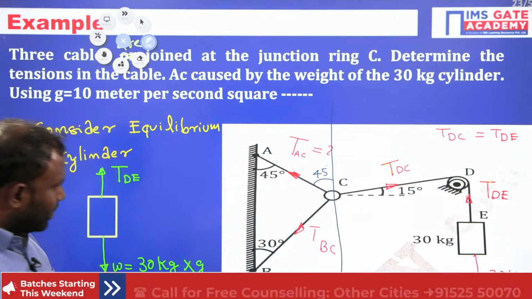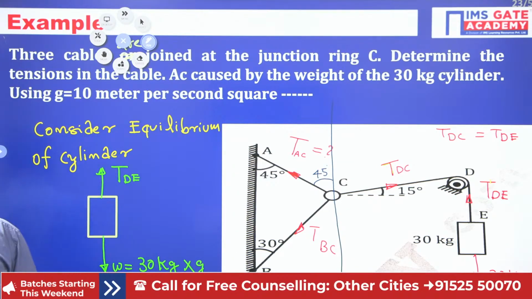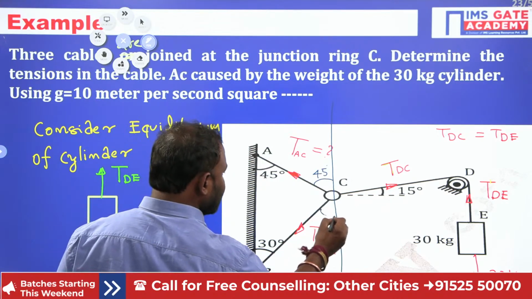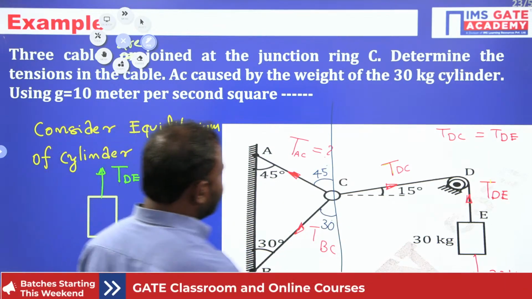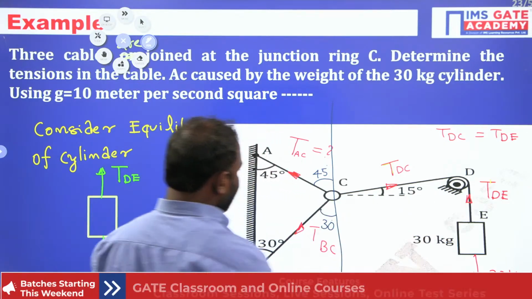This fellow is 30, obviously, and this also 30. So the horizontal makes an angle of 45 degrees.